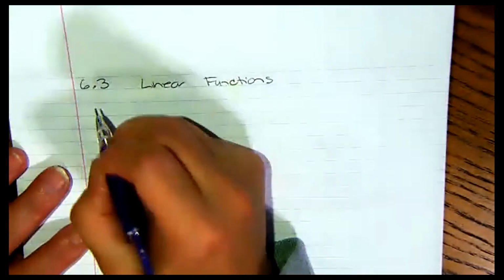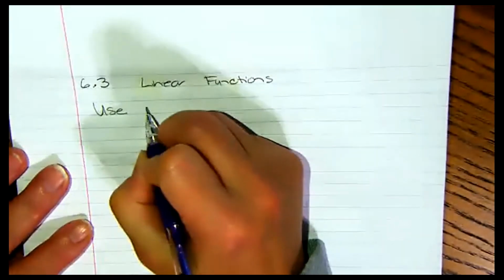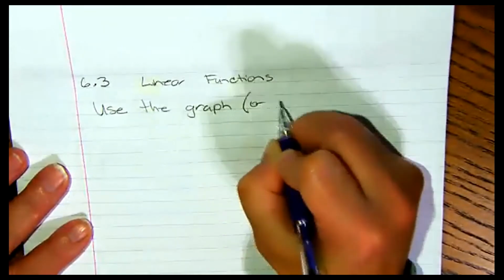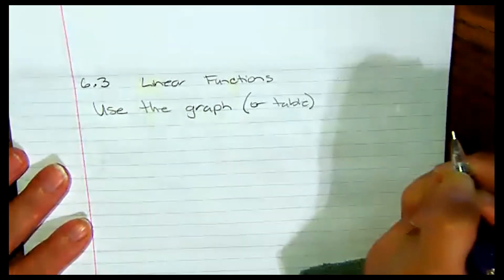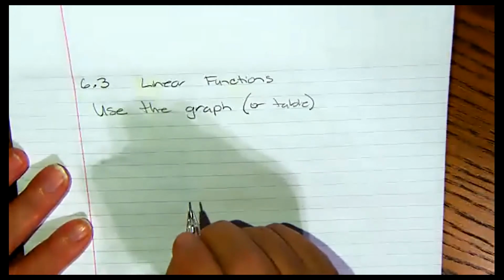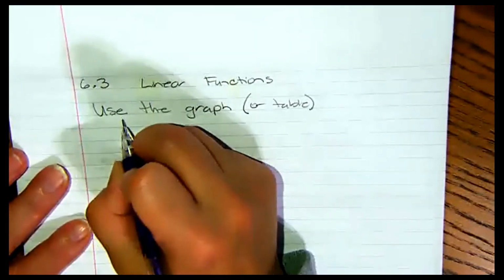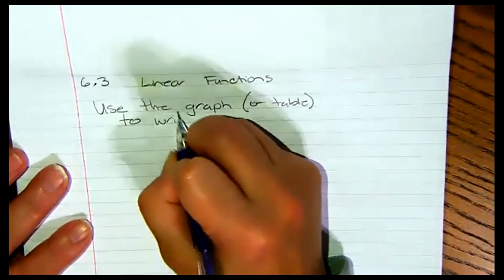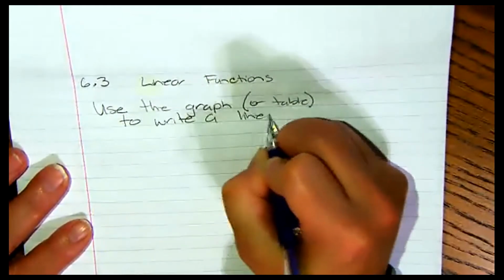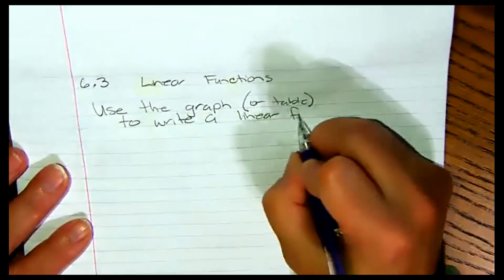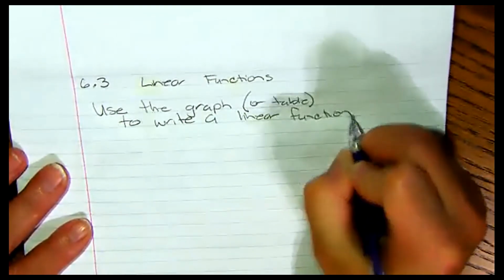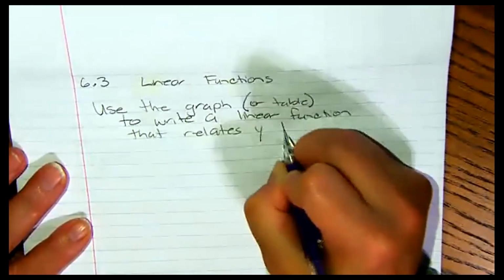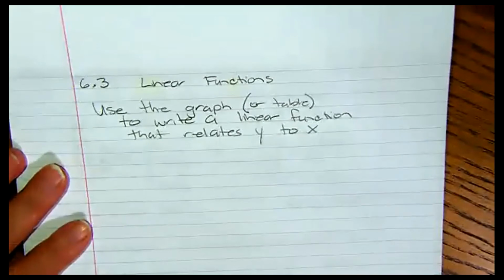So the book is going to tell us, use the graph or table, it could be a graph or a table, to write a linear function that relates y to x.